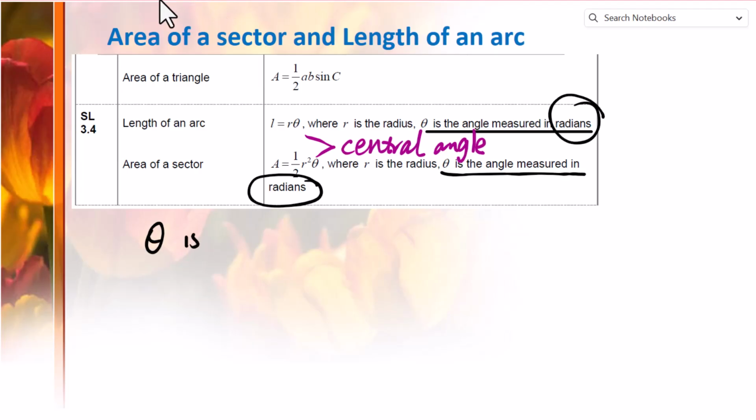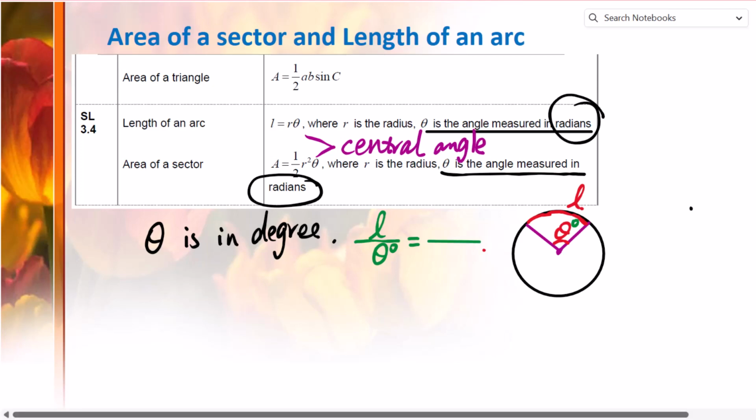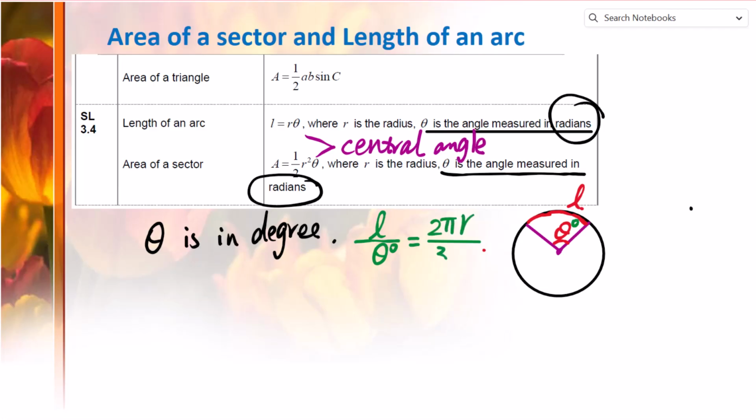When theta is in degrees, we will use a ratio to figure out the arc length. L over theta degrees equals 2 pi r over 360 degrees. Cross multiply. L equals theta degrees over 360 degrees times 2 pi r.